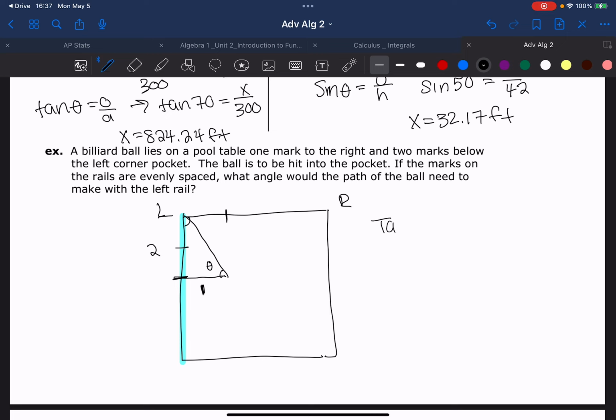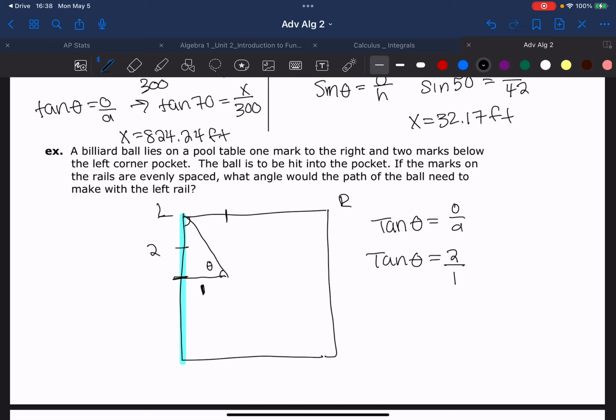So tangent of the angle is equal to opposite over adjacent, because that's SOHCAHTOA. And so that's tangent of the angle is equal to opposite, which is 2, divided by adjacent, which is 1.